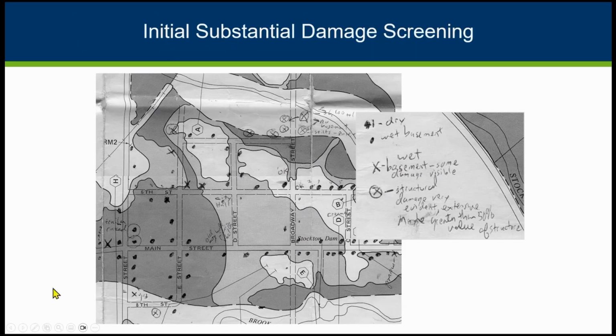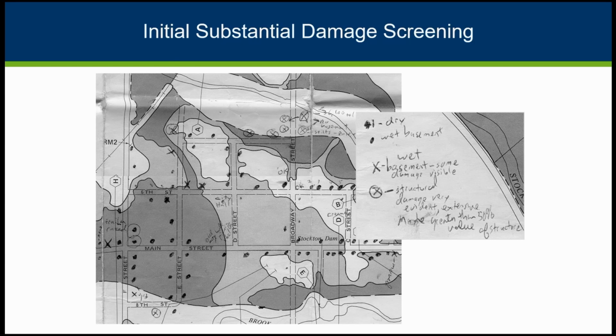But one of the first things you're doing, once people are safe and you've taken care of those safety and health hazards, is getting out there and figuring out where you've got the damage. And this example I like showing just because you can see it's not high tech at all.